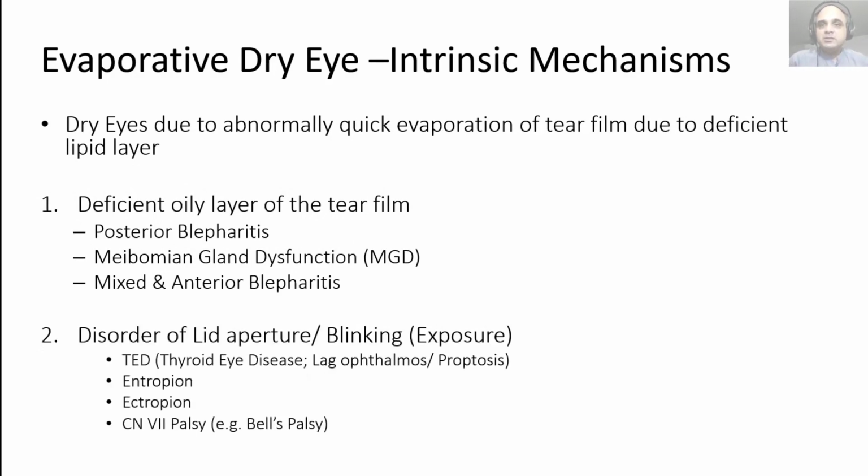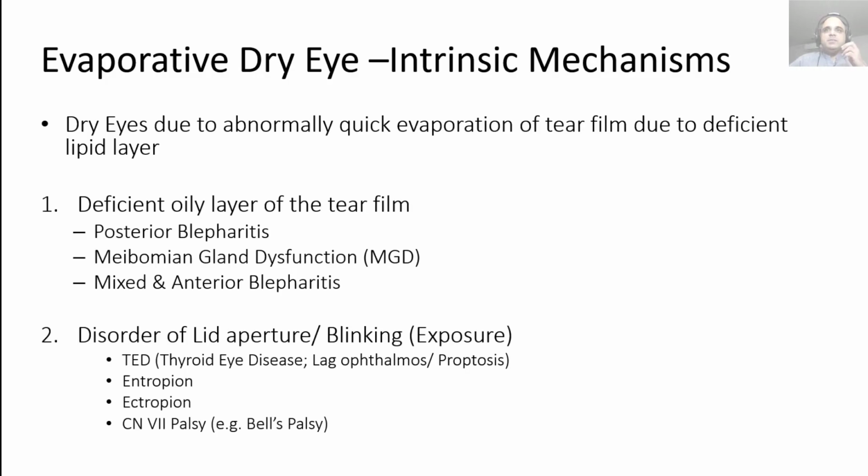The other cause is disorder of your lid aperture and blinking. Disorder of blinking, when you can't blink properly, as in the case of seventh nerve palsy. Lid aperture anomalies are when your eyes are open too much, like in thyroid eye disease, which is because of proptosis, or your eyes don't close properly, lag ophthalmos, in response to an overactive sympathetic system, also seen in thyroid eye disease.